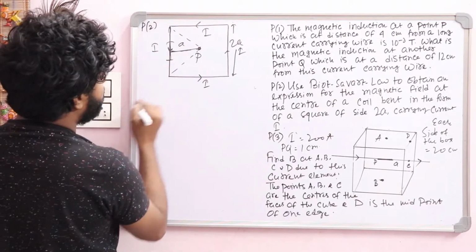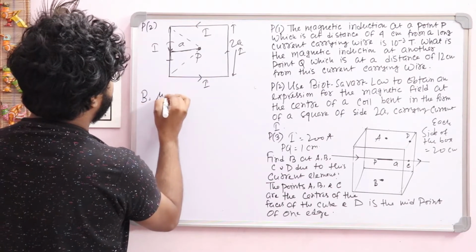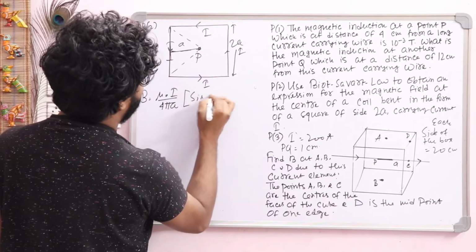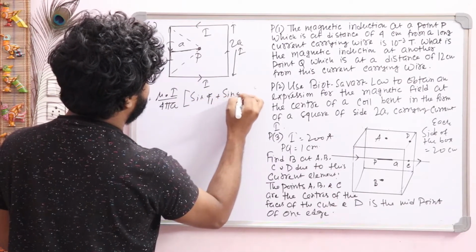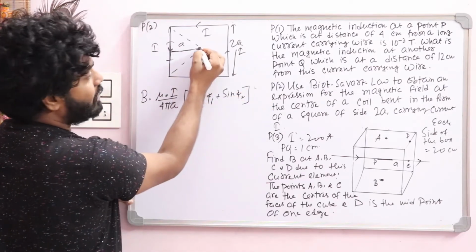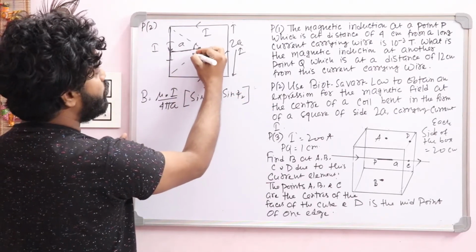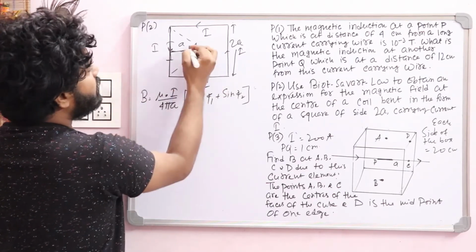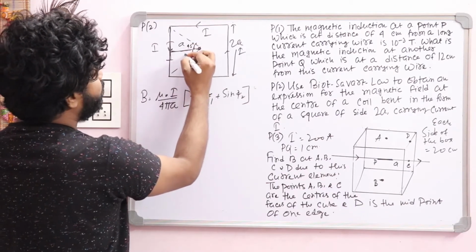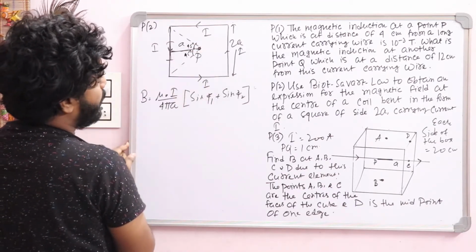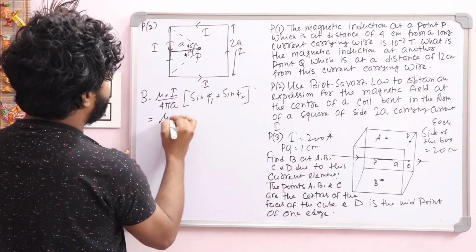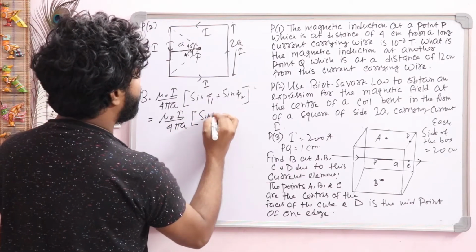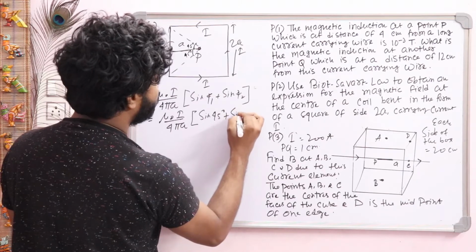Now you use the general formula, B equals mu naught I divided by 4 pi a, into sine phi 1 plus sine phi 2. Here P is at the middle point, so phi 2 and phi 1 both are equal, which is equal to phi, and here you see this angle is 90 degrees, so both phi values are 45 degrees. So this one will be mu naught I divided by 4 pi a, sine 45 plus sine 45.